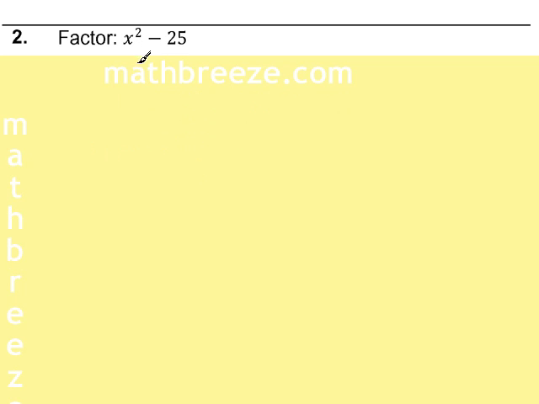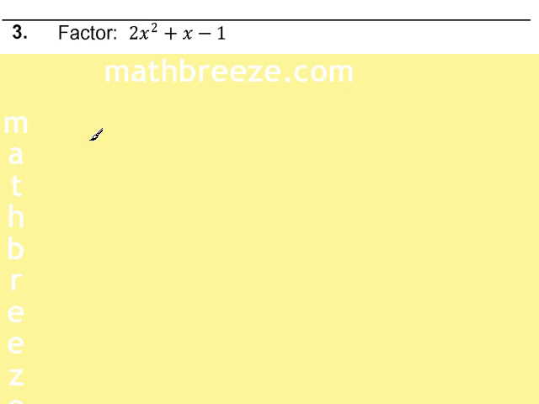The second example we can factor as a difference of 2 squares. And this third example requires reverse FOIL. So let's do that. We'll fill in here with 2x, x, and because c is negative, the signs are going to be different. We can only fill in with 1 times 1.